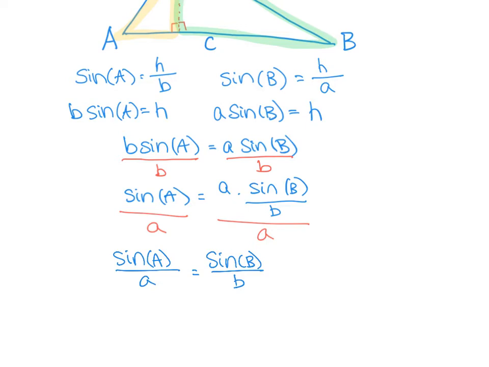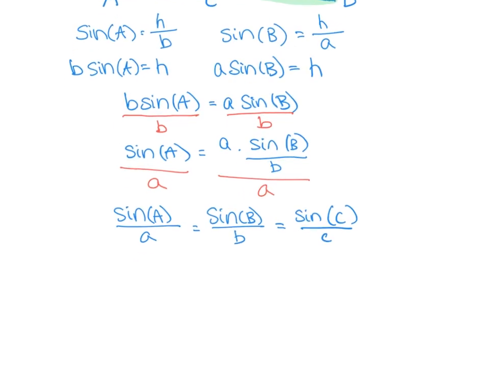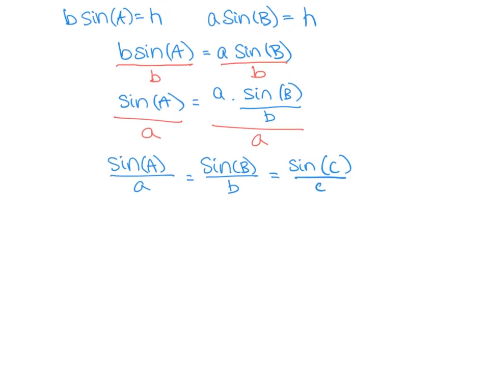If you were to do this again, reorient your triangle and involve your side c and angle C, the same would apply. So sine of angle C over side length c is also equal to all of this. Or if you don't like to have your angles on top, you'll see me do that just because that's how I specifically learned it.